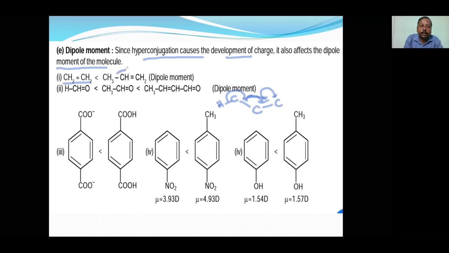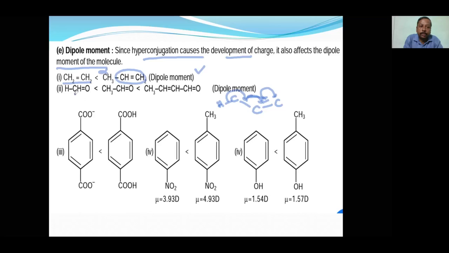Now here this is active carbon, and this is alpha carbon. So electrons will migrate in this direction, and dipole moment will be generated. Therefore, wherever hyperconjugation effect is present, dipole moment will increase.